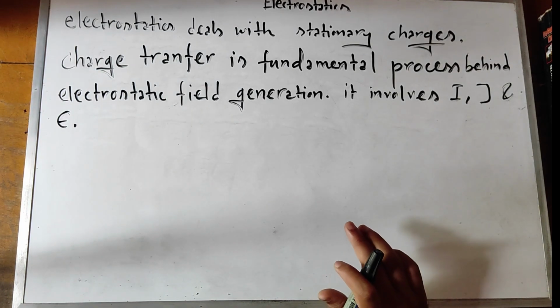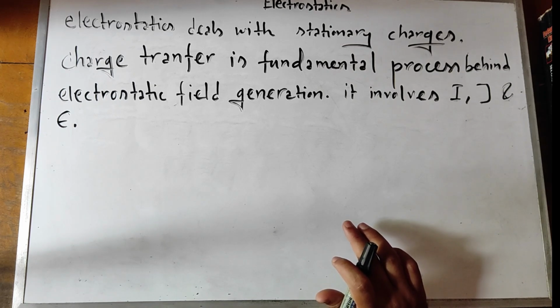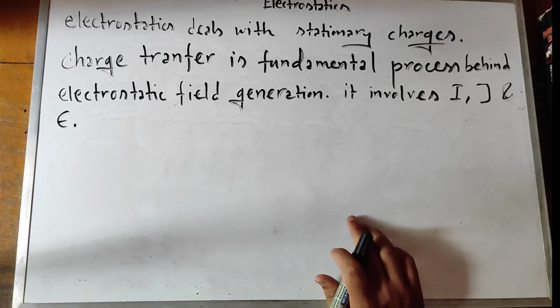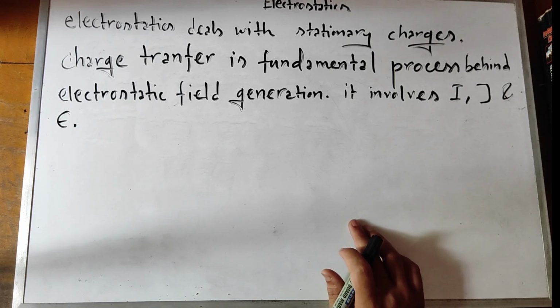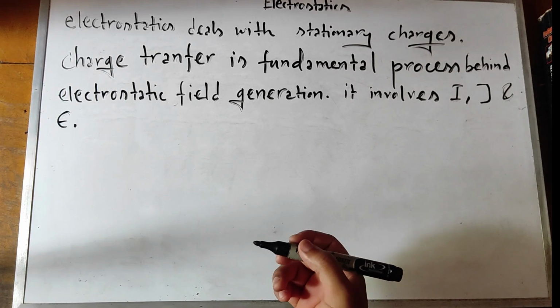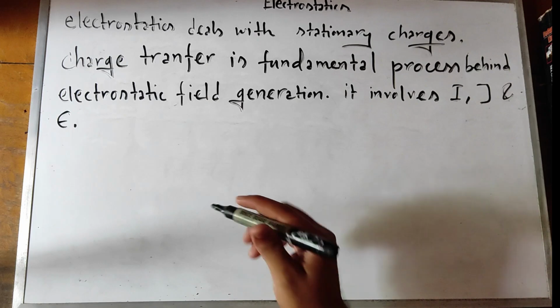Now I'm going to list some processes by which we generate electrostatic field, and even electrodynamic fields also, but my main focus will be the electrostatic field. There are mainly two mechanisms.